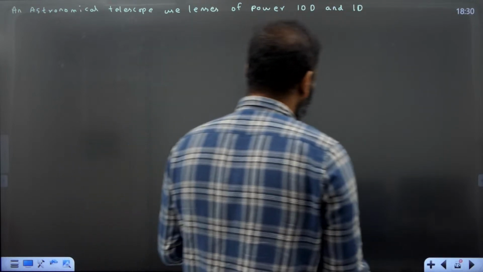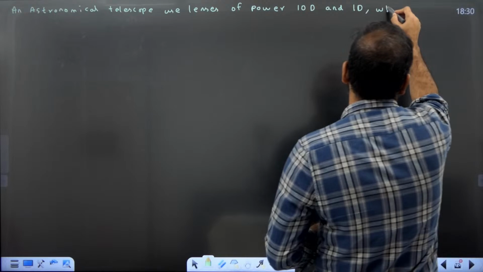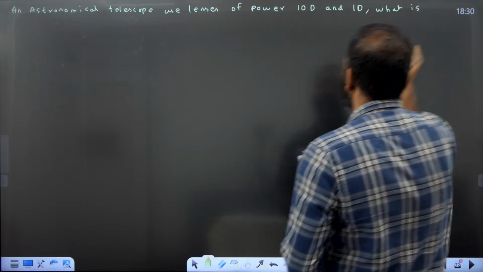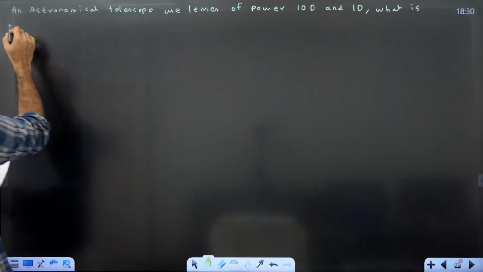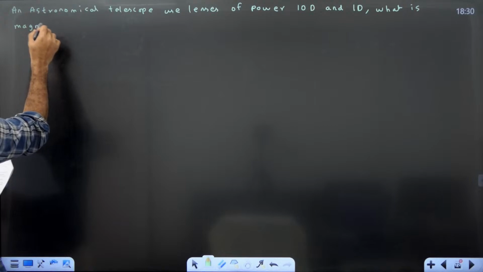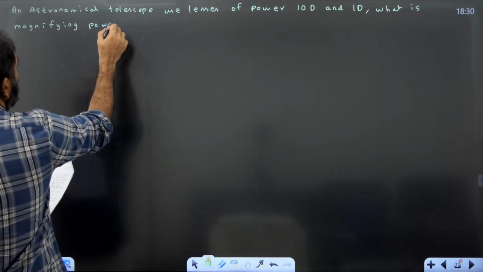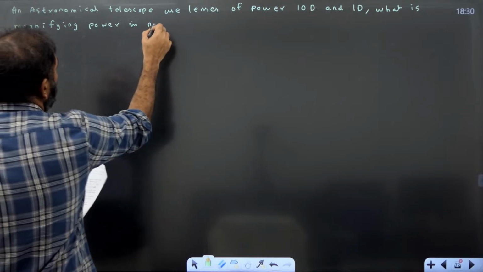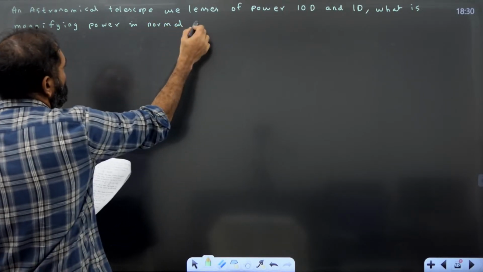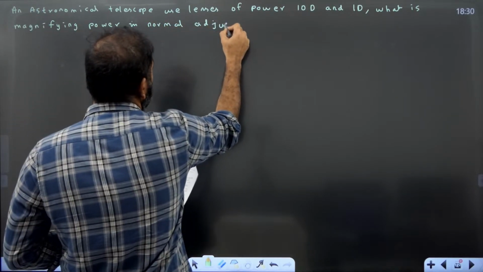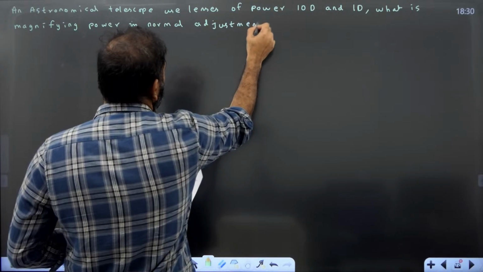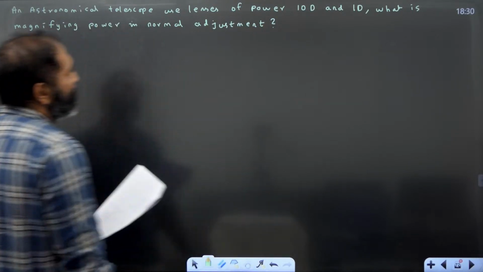What is the magnifying power in normal adjustment?